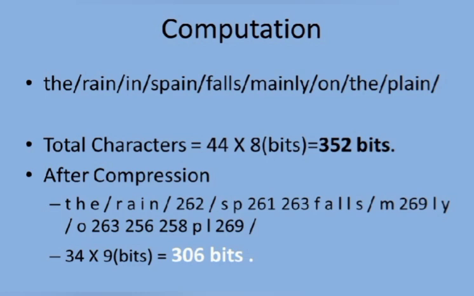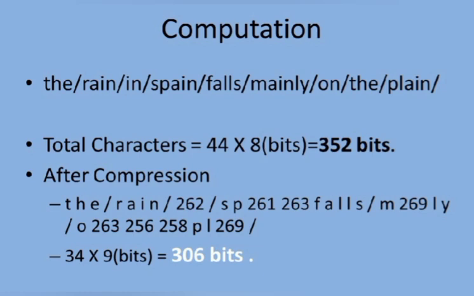Even if there are numbers you have to count them, and in our case the total characters are 44 multiplied by 8 because every character has 8 bits, we'll get 352 bits. It means that the string contains total 352 bits.